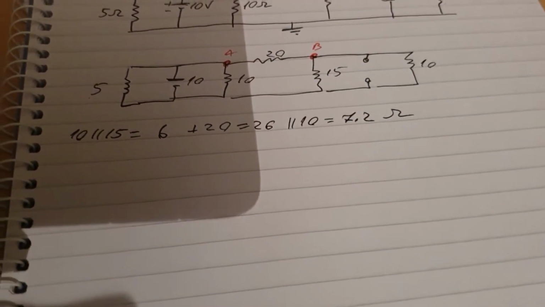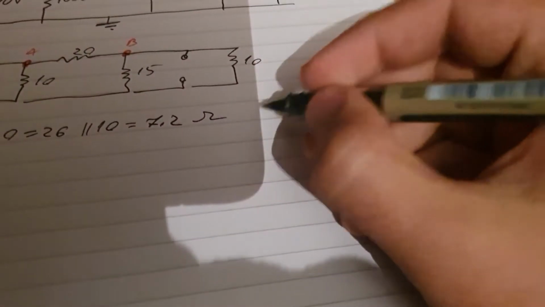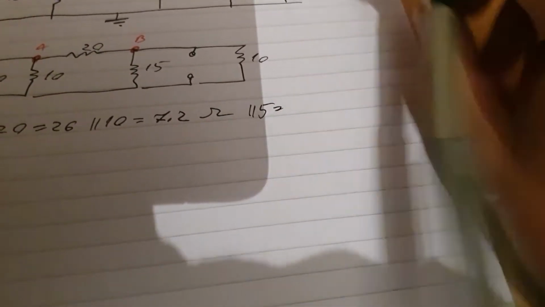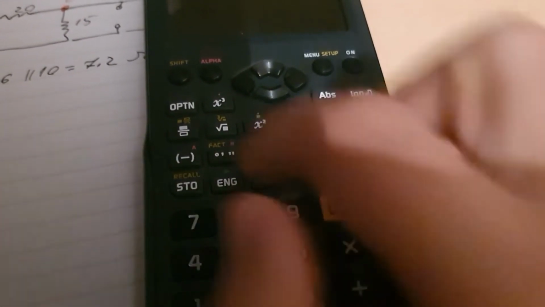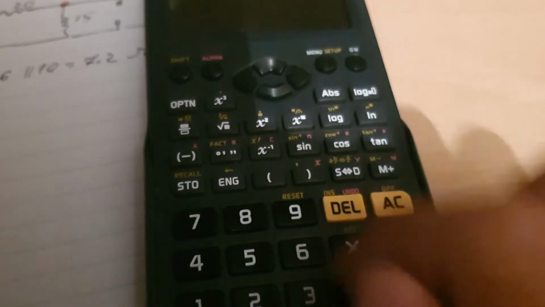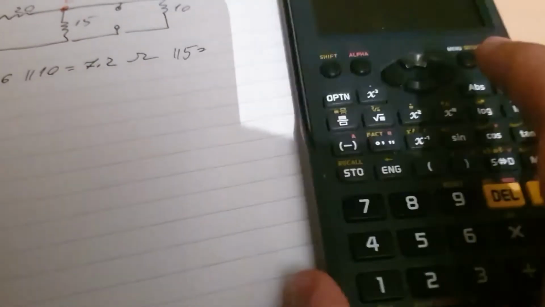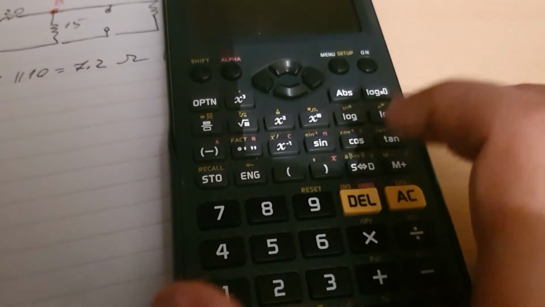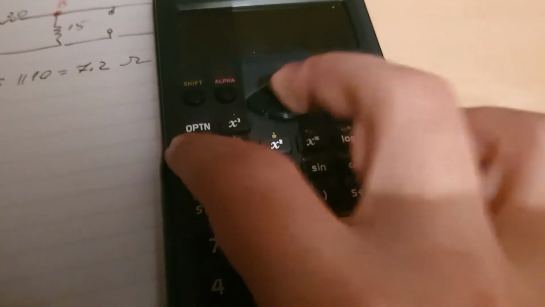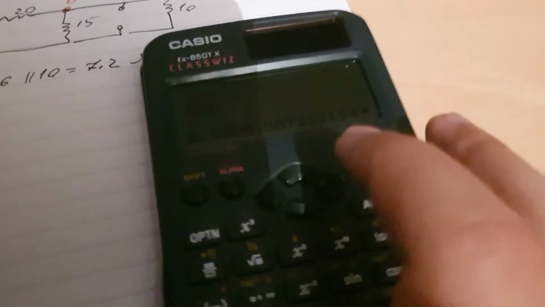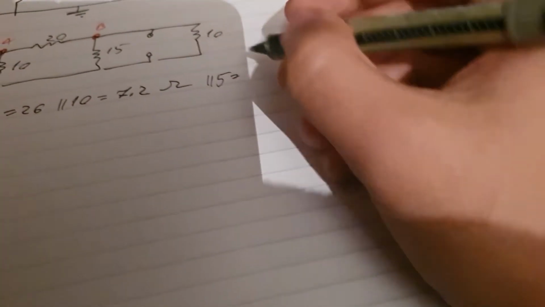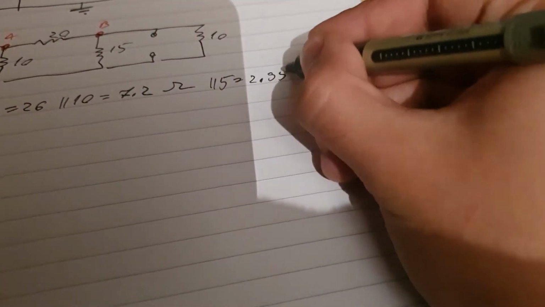And if I'm not wrong, I think I can do one more in parallel with the 5. That would be equal with, so let's see, 1 over 7.2 plus 1 over 5, and then 1 over the answer, and that's 2.95 ohms.